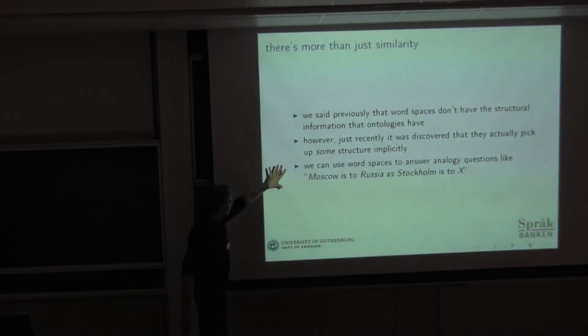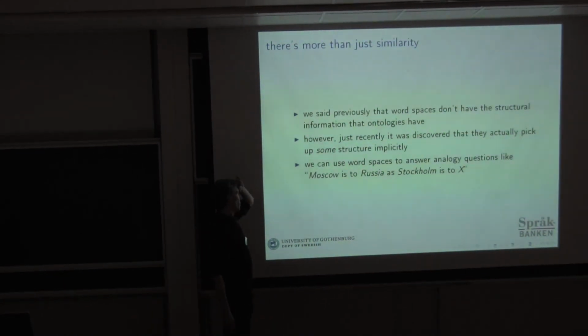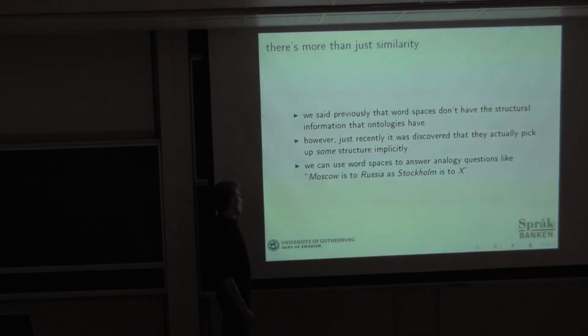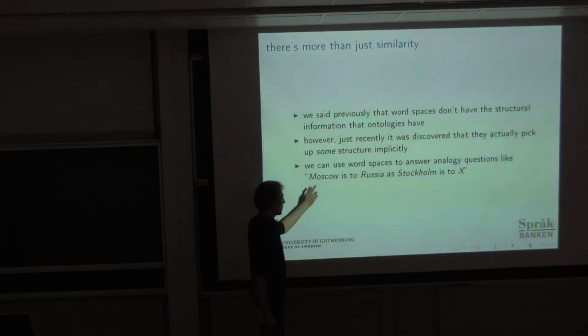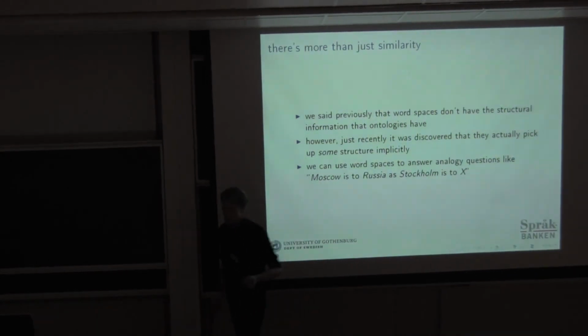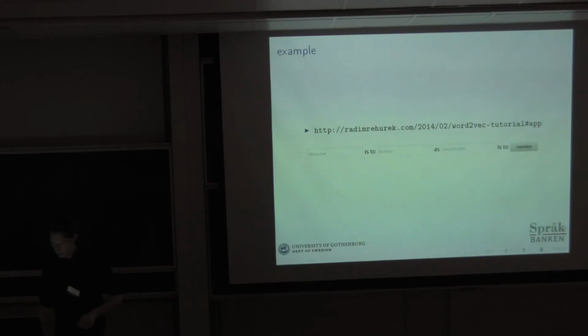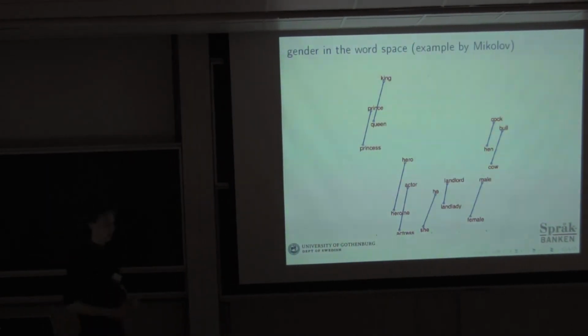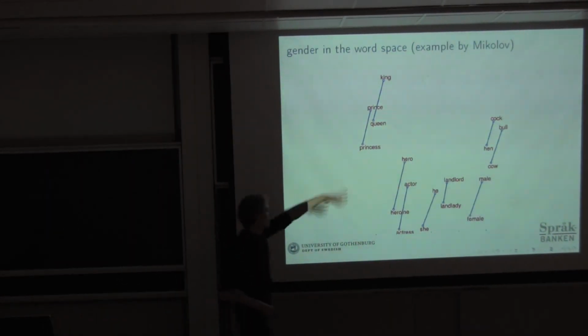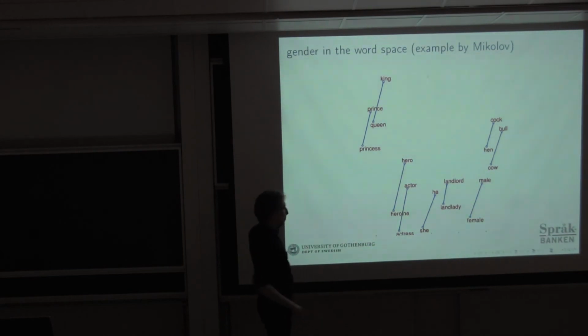It contains questions like this, and I don't remember exactly what they are, but I think this type of question is included, with countries and capitals, and also gender words. So we will have analogies like these.